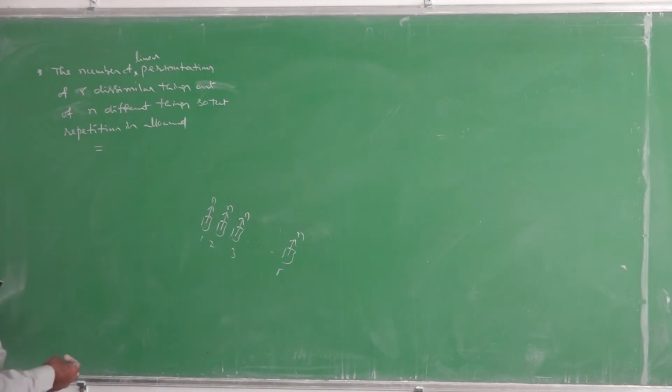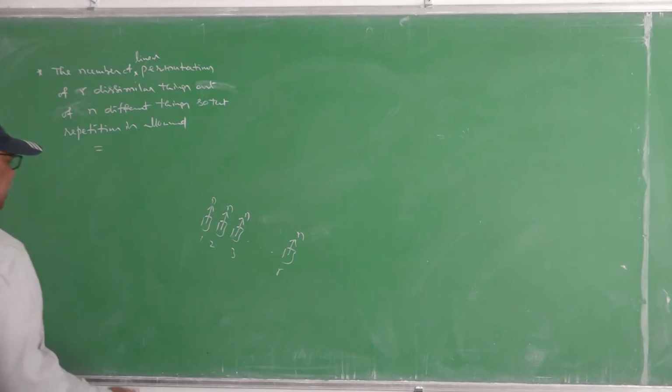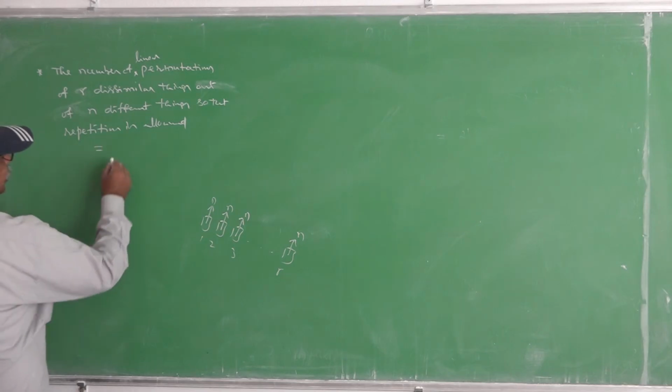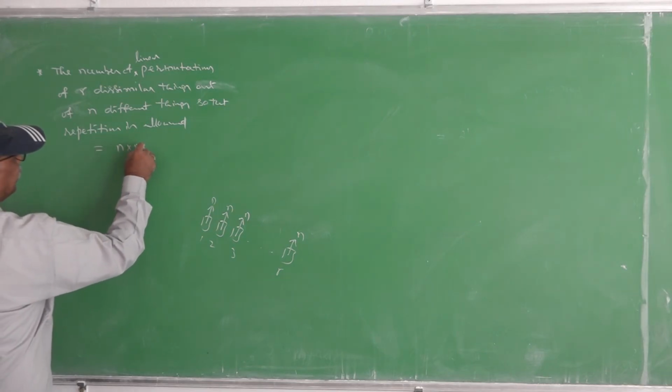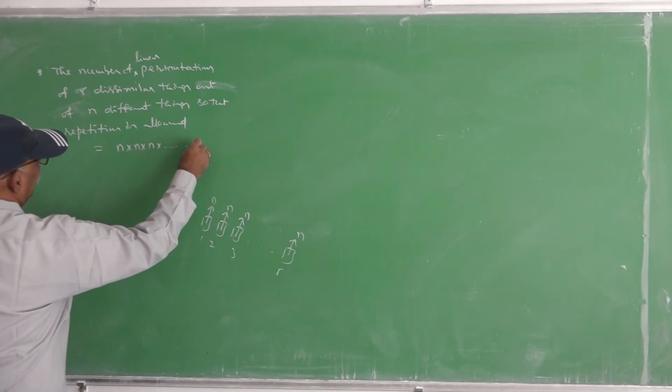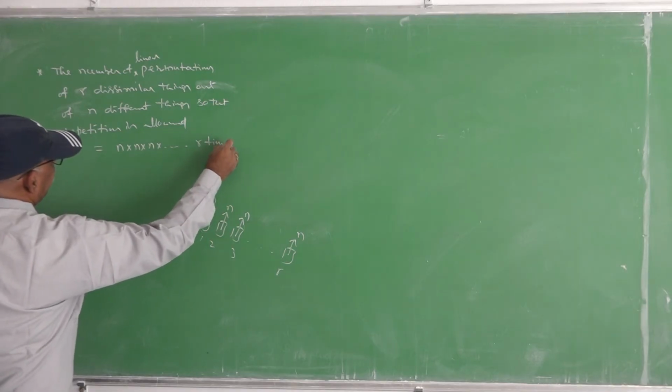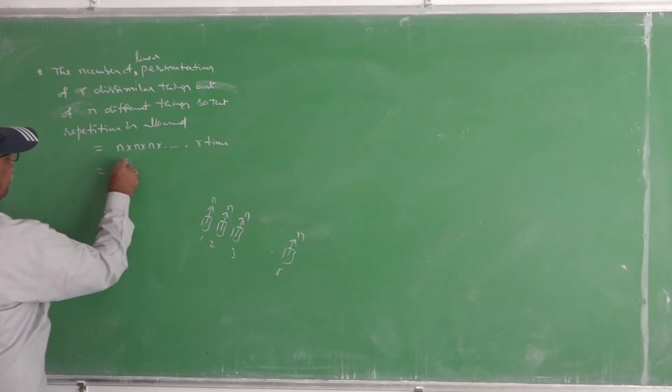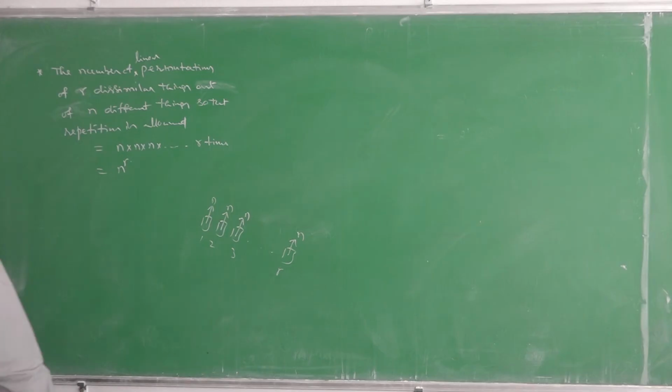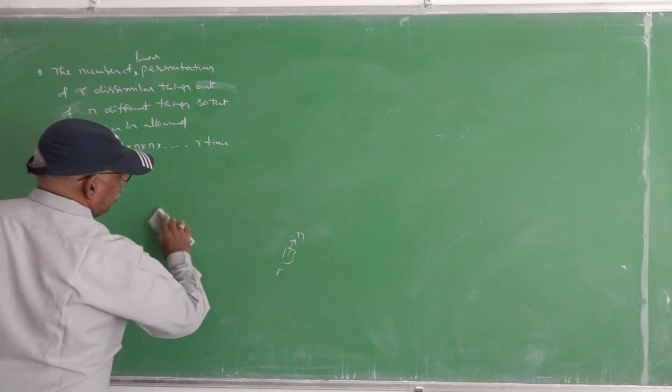Because you can use anything any number of times. Repetition is allowed like that. So it is given by n into n into n, r times. In such a case we get n power r itself. If repetition is allowed, the number of permutations of r dissimilar things taken out of n different things is n power r.